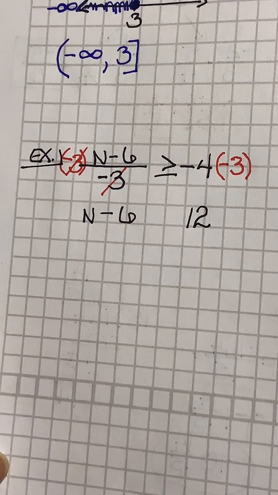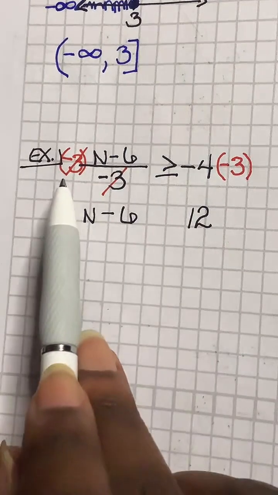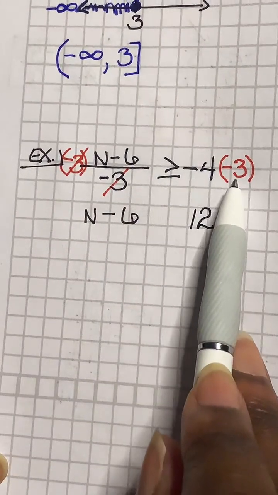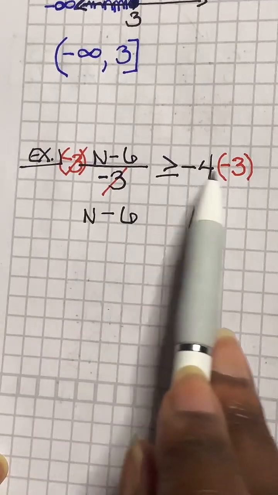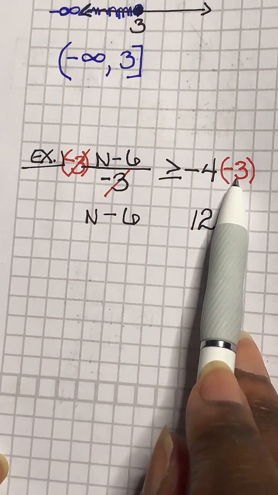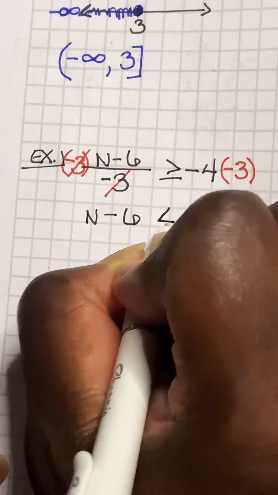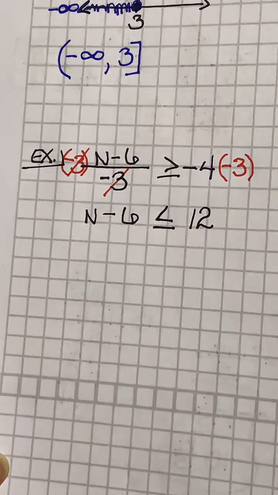Michael's saying flip. Deja saying flip. Reed saying flip. Yes. You don't have to flip. But you do. You multiplied by a negative number on both sides. Remember, anytime you multiply or divide by a negative number, your inequality is going to change direction. So this is actually going to be less than or equal to.